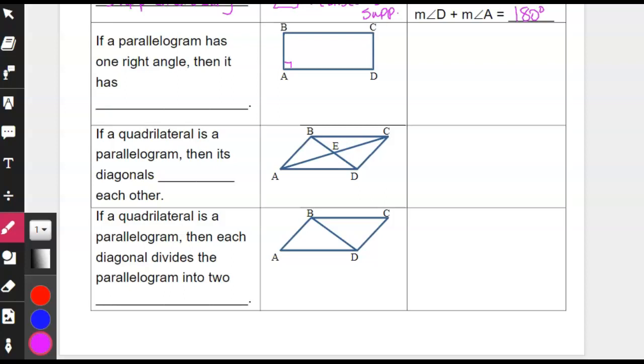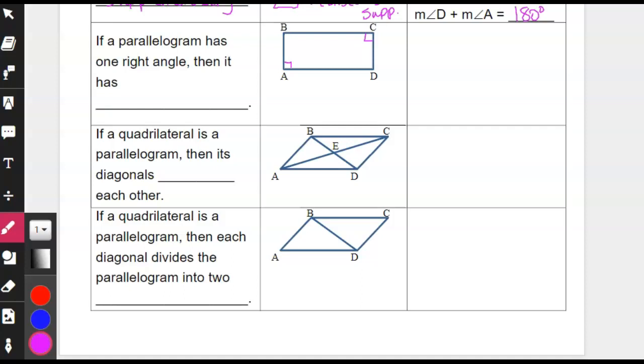Well, what do we know from our previous properties? We know that in a parallelogram, opposite angles are what? Scroll on back up and look. Opposite angles are what? Congruent. So if angle A is 90 degrees, then angle C must also be 90 degrees. You bet. And then I also know from the previous property that if a quadrilateral is a parallelogram, then consecutive angles must be supplementary.